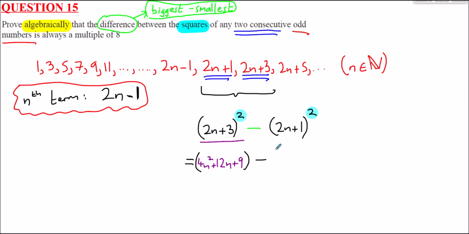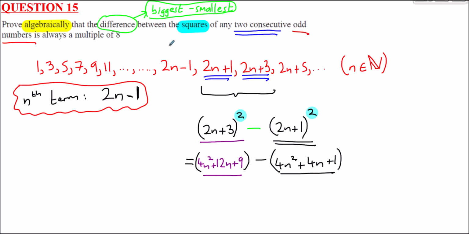We then subtract this one here, all squared. So 2n squared is 4n squared, and 2n times 1, doubled, is 4n, and finally 1 squared, 1 times 1, is just 1.